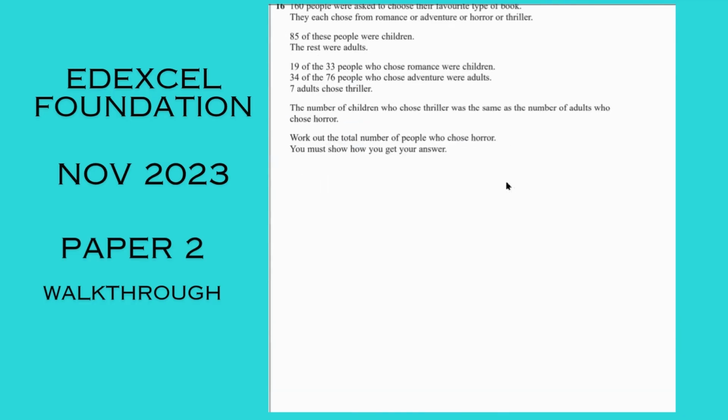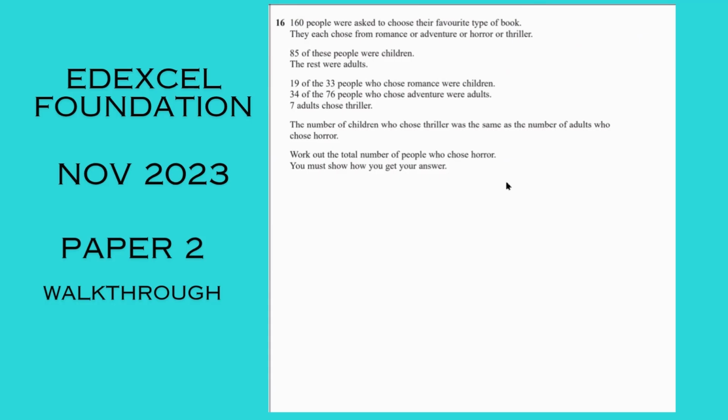Now, question 18. Monster of a question, no pun intended. Now, it's a case of there is way too much information going on in this. Look at all them numbers. So much information.